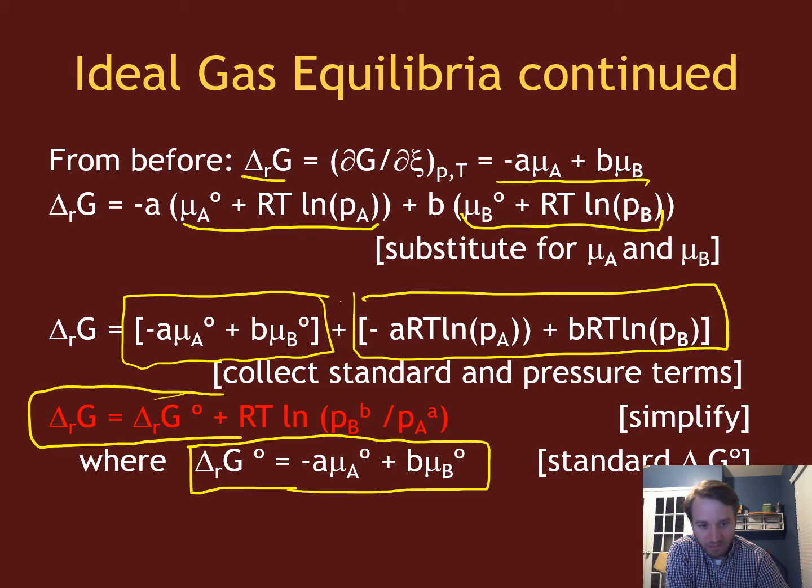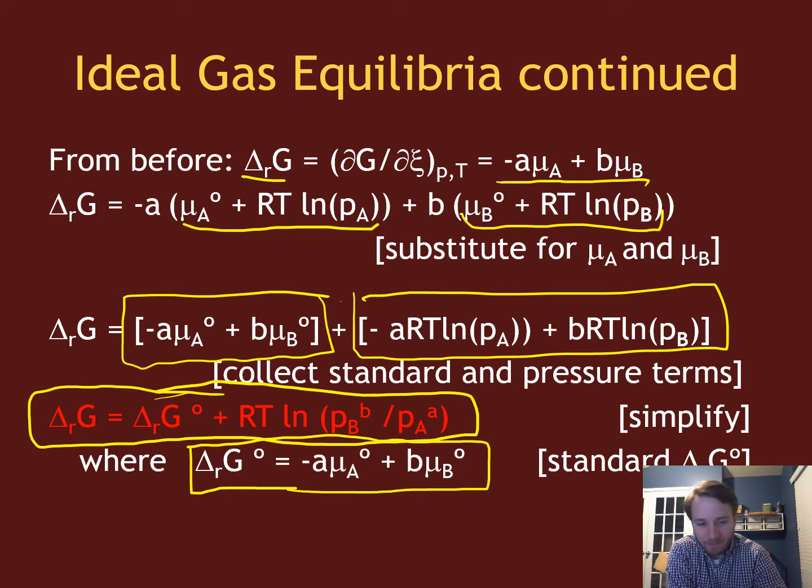And so the free energy of a given reaction is related to its standard free energy plus RT times the natural log of the pressure of B divided by the pressure of A, raised to their stoichiometric coefficients, little b and little a.